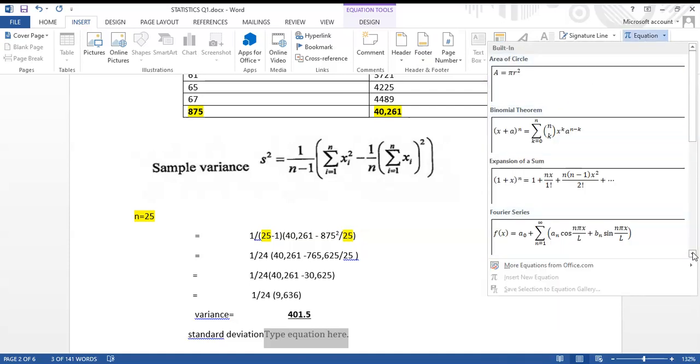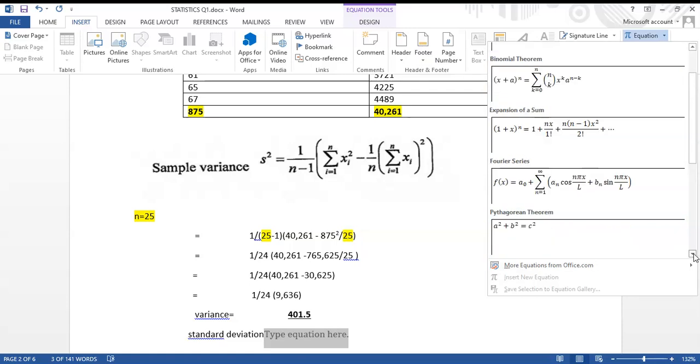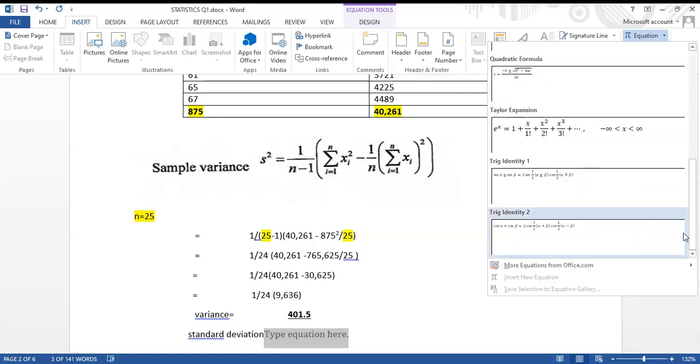Let's see which formula has a square root in it.